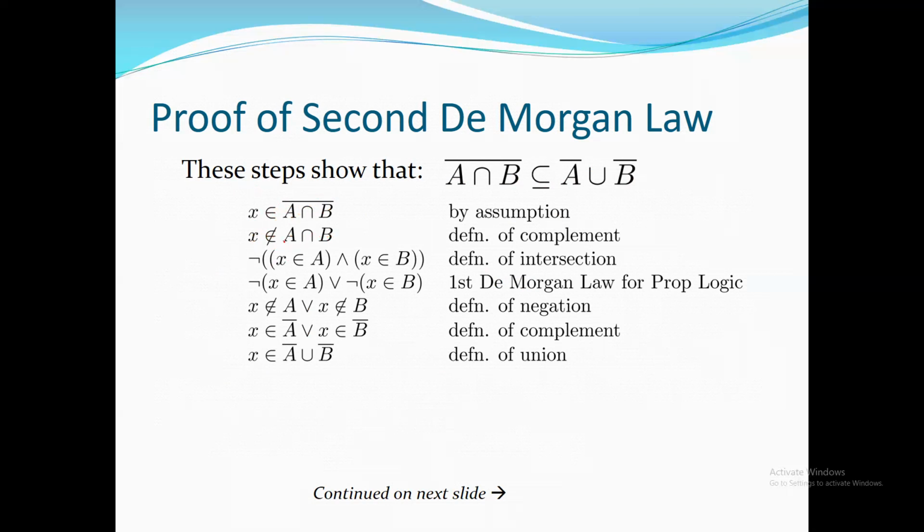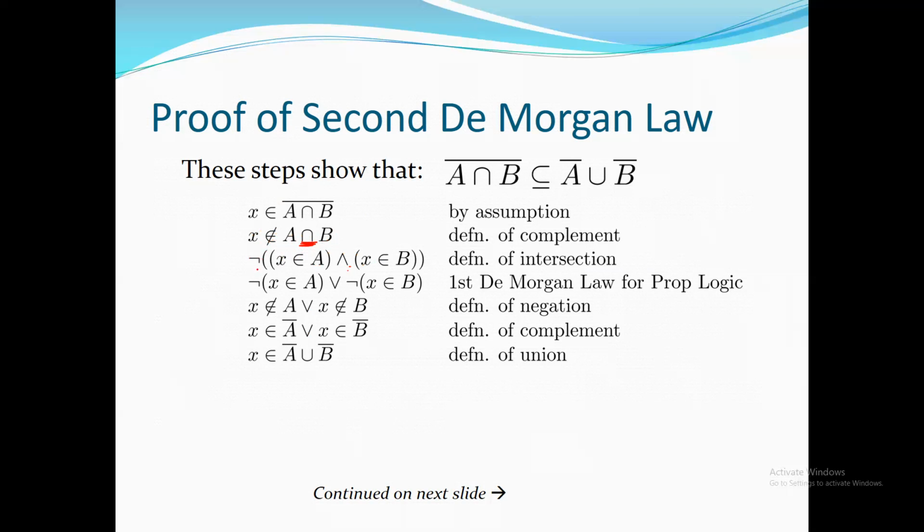Now by using the Boolean or the propositional calculus, as well as the definition of the intersection, if we convert this intersection into its definition, that says X belongs to A and X belongs to B. So this X should be a member of A, this X should be a member of B, but then this says not a member of.